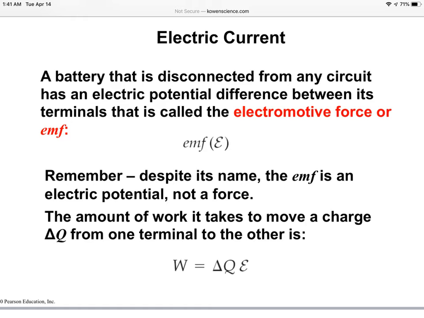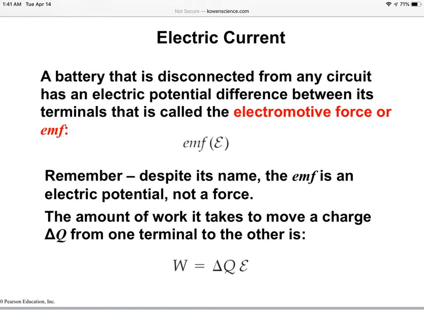This is called electromotive force, or EMF. The symbol can be written as EMF or as a capital E. Remember that even though its name is EMF, it's an electric potential, not a force.